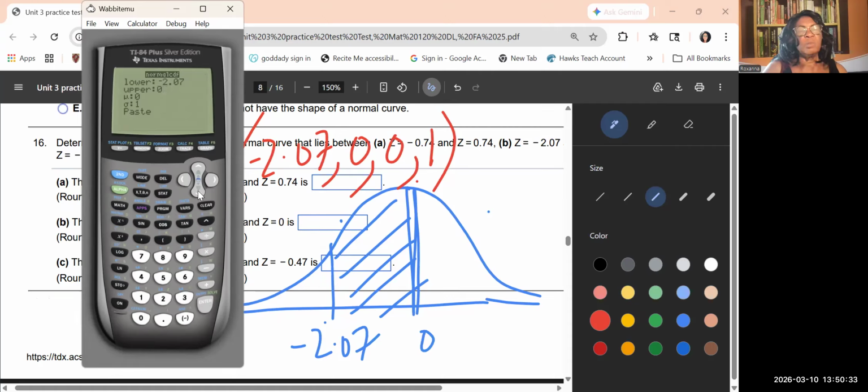The mean is 0, standard deviation is 1, and I'm going to paste. When I hit enter, the area is 0.4808. So that area is 0.4808.